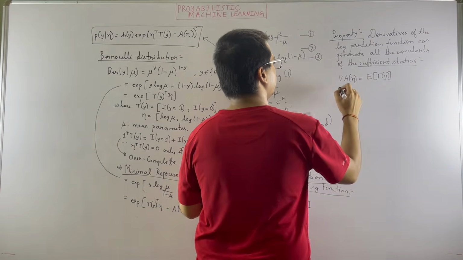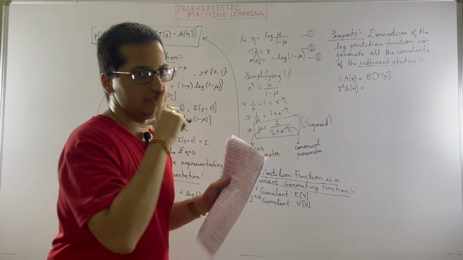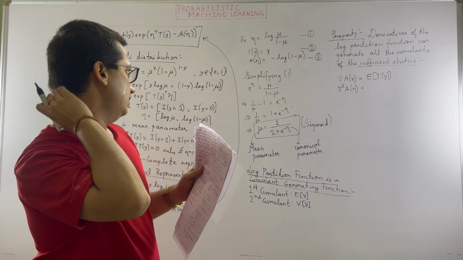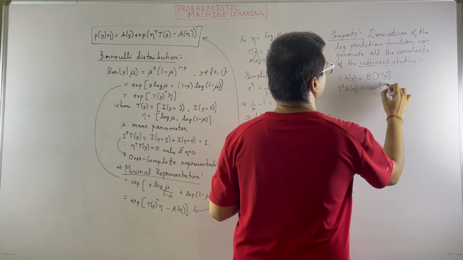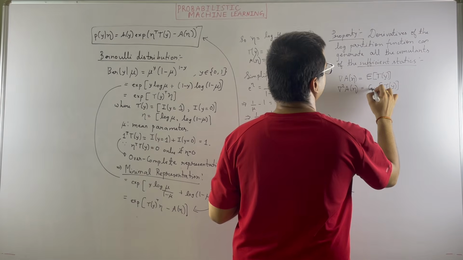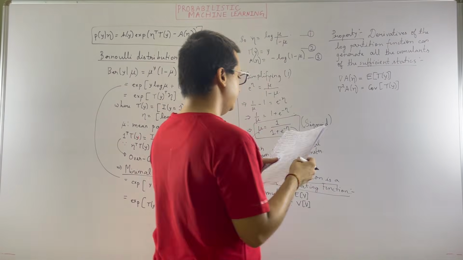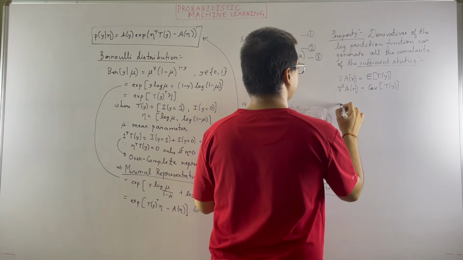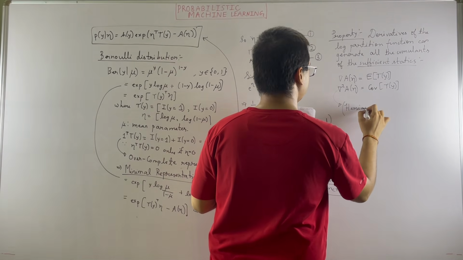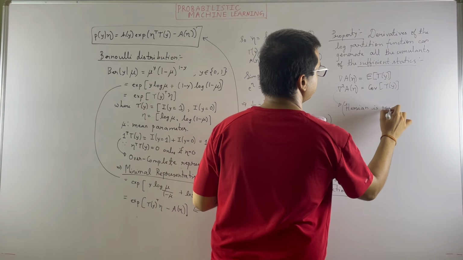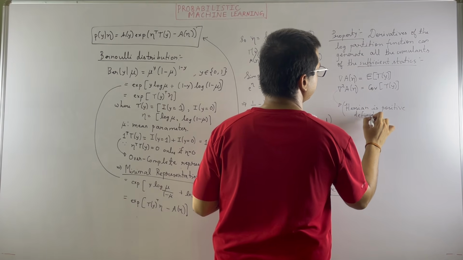All right, and del square, that is the Hessian. If I take the second derivative of the log partition function, which is the Hessian, will be the covariance of my sufficient statistics, right? So this is just like the matrix. All right, and there's a property that states that, and this is what I wanted to mention, is that this Hessian is positive definite. We have covered what positive definite means, right?